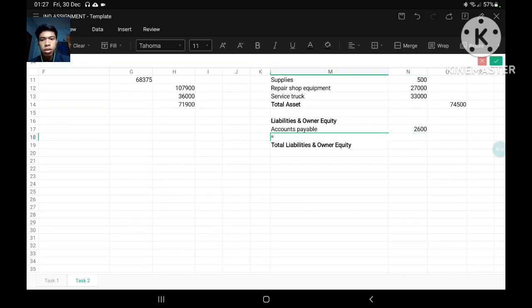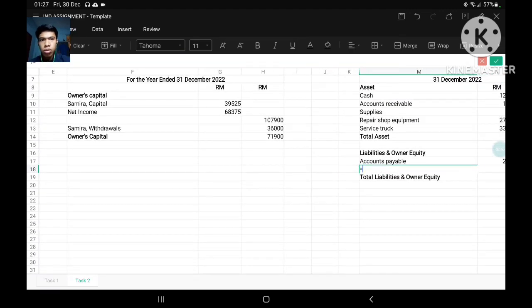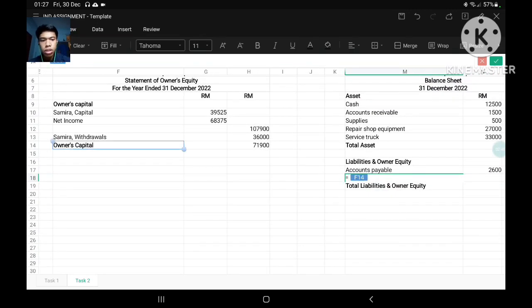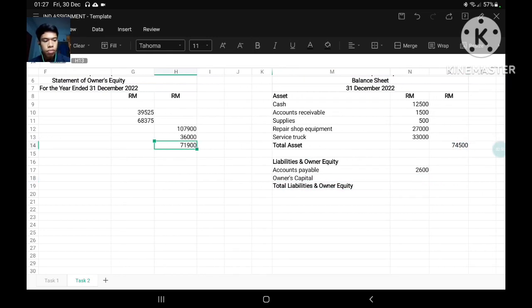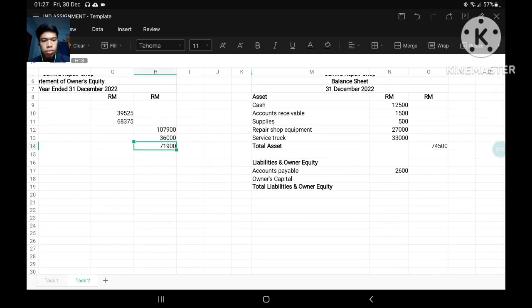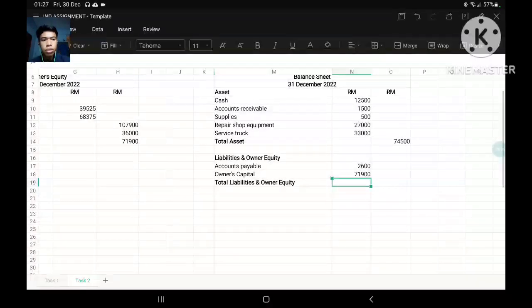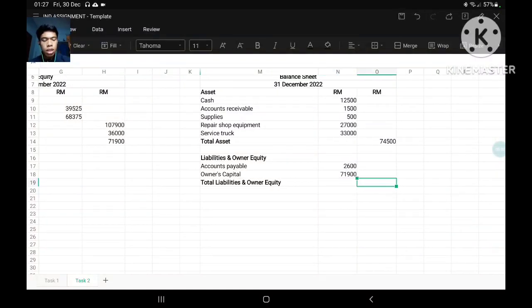And the owner's capital equal capital and the amount, and we just total the amount of the liabilities and equity.